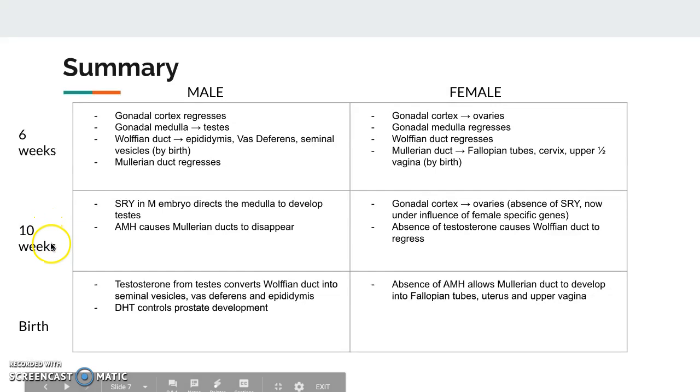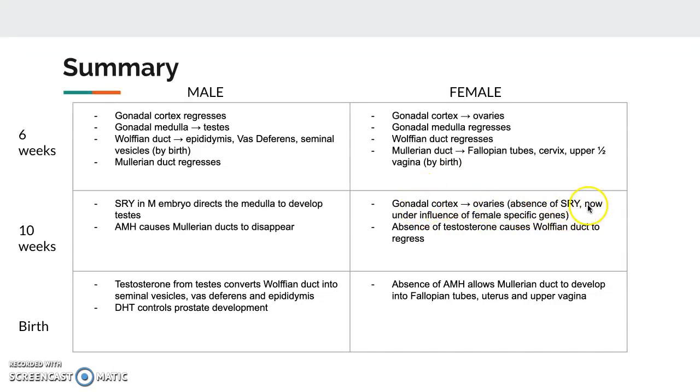At 10 weeks is when we see that SRY gene, and this will develop testes from the medulla, and then the anti-Mullerian hormone will cause the Mullerian ducts to disappear. The opposite is true here. We also talk about the absence of testosterone causing the Wolffian ducts to regress. We already talked about this here. So, gonadal cortex to ovaries.